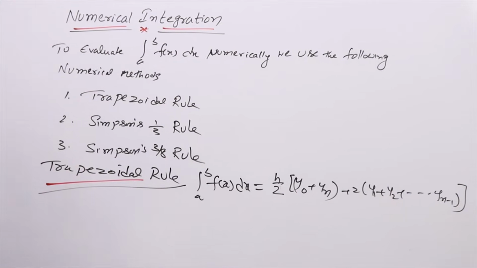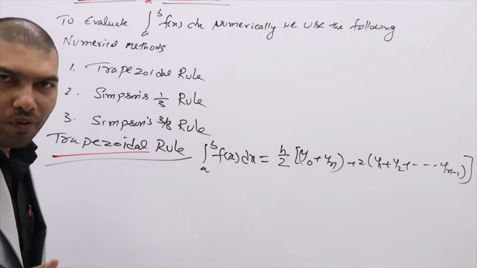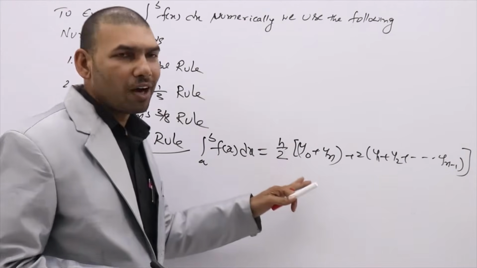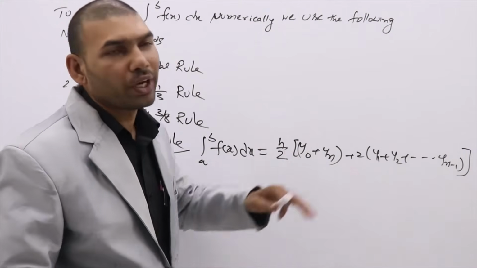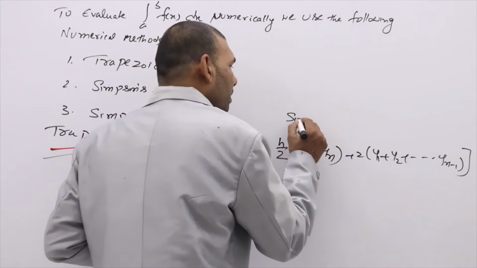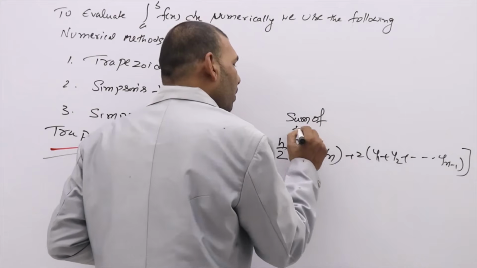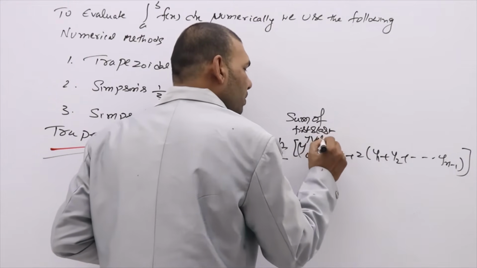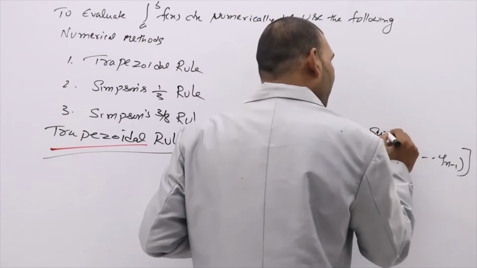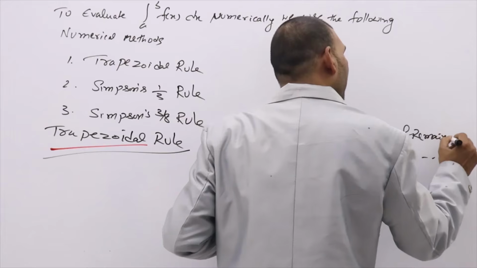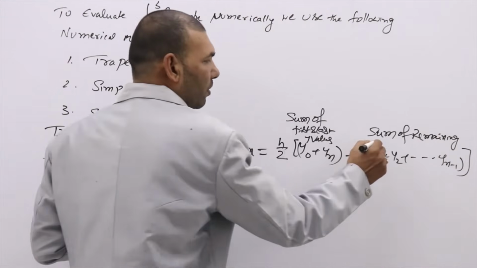So the trapezoidal rule is h by 2 times the sum of the first and last y values plus 2 times the sum of the remaining y values. Like this, one can easily remember it.